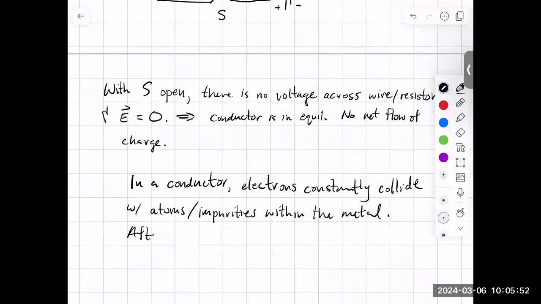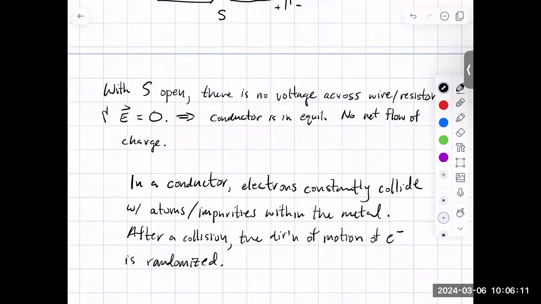So after a collision, the direction of motion of the electron is randomized. Okay, and so this is sometimes called Brownian motion.